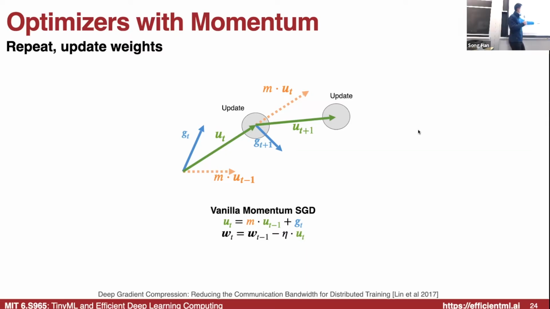If we use the conventional approach without momentum, we update the weight as the previous weight minus the learning rate times the gradient. But here we are smoothing that by introducing momentum. So this is a new gradient, and this is the old velocity. This is the new velocity: new velocity equals something smaller than 1 times the old velocity plus the new gradient.